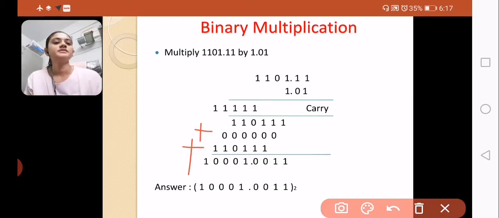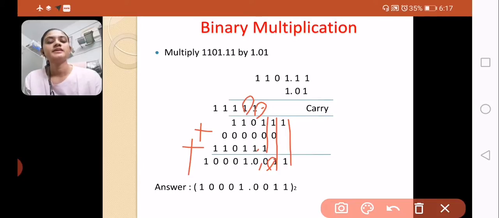So in addition, this one as it is, 1 plus 0 is 1, 1 plus 1 is 2, so it is 0 and carry is 1. This one and this one generate 0 and carry will be forwarded here, 1, here 1, 1 and 1, 3 times 1 is there, so sum is 1 and carry is forwarded here.